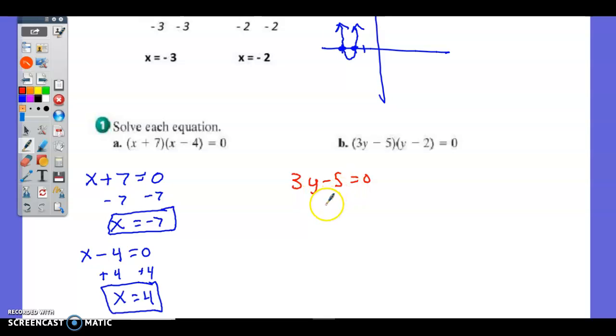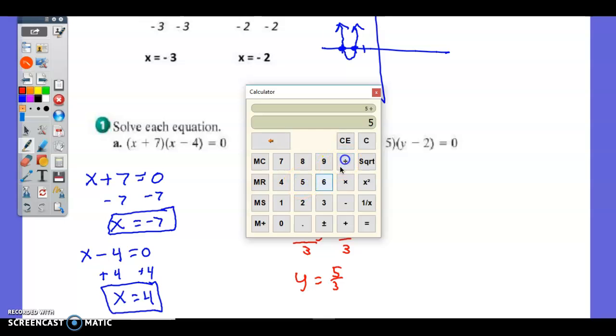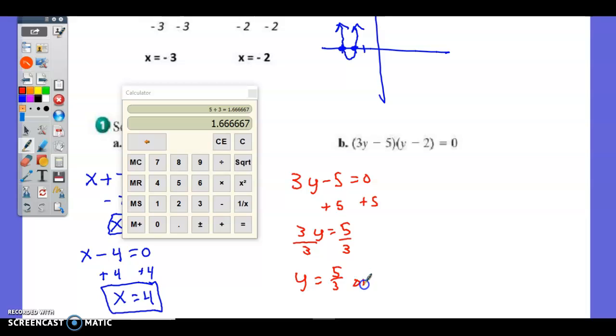I'm going to undo this equation by adding 5 to both sides because I'm solving for y. 3y equals 5. Then we're going to divide by 3 to get 1y by itself. So y equals, we can just leave that as 5/3. Or if you want to write it as a decimal, that's fine too. So 5 divided by 3 gives us 1.6 repeating.